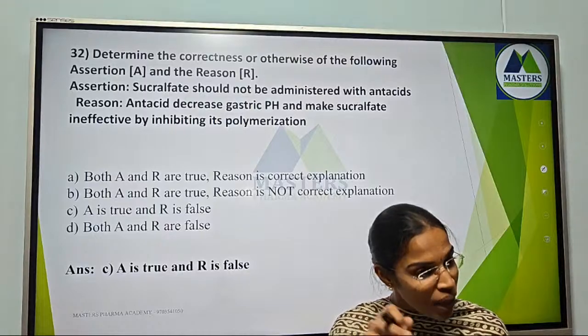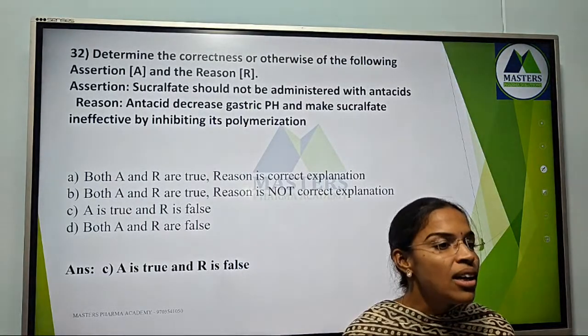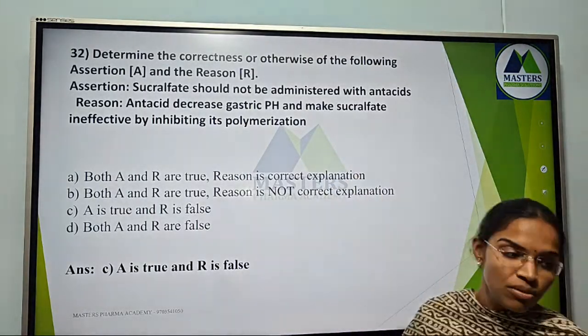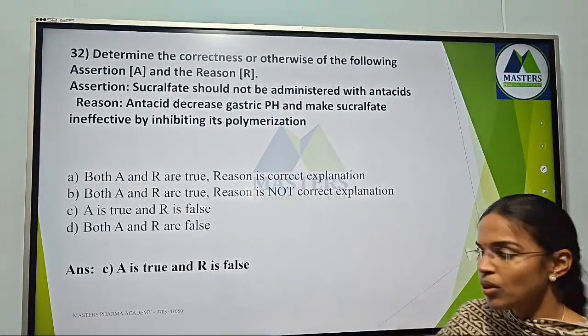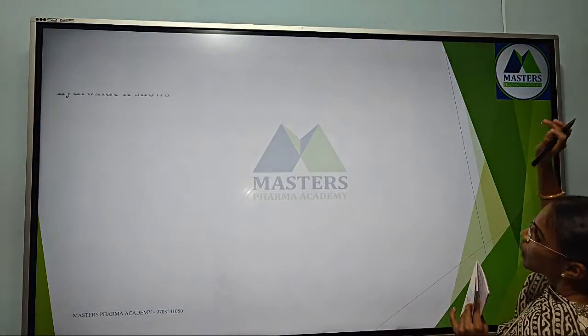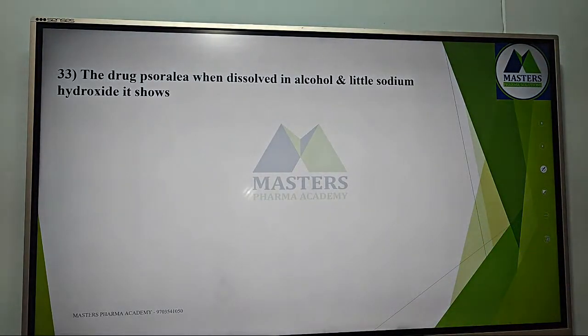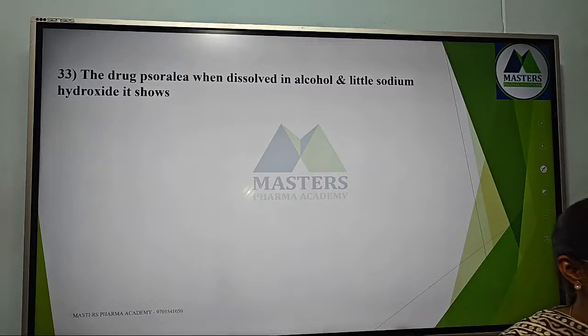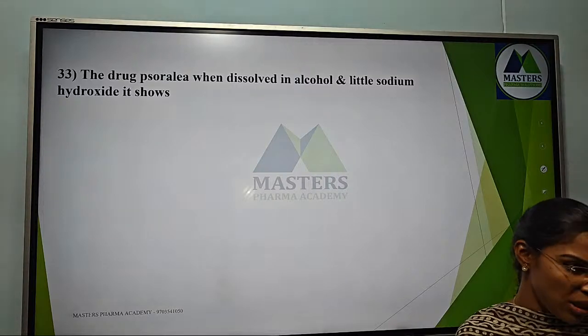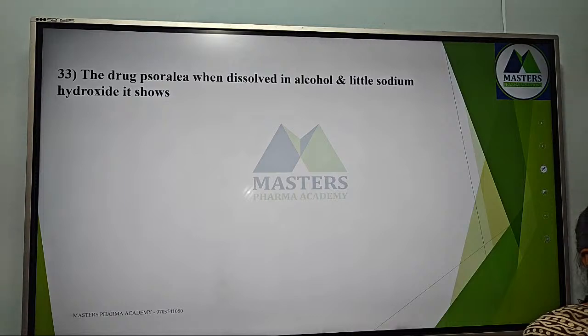That is the reason why it should not be administered along with antacids, and nothing to do with its polymerization. Clear? Okay, moving forward to the next question. This completes the pharmacological part of the question paper. Moving forward to the pharmacognosy part.